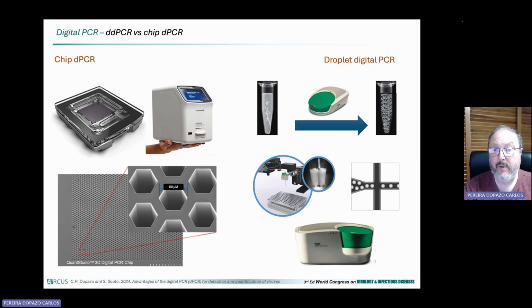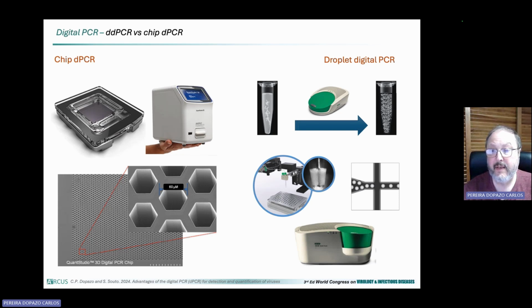Each drop will have 0, 1, or 2 templates. After the PCR amplification, we use the reader, which takes the sample and moves it through a capillary system for the reading of each drop separately. The result is exactly the same.